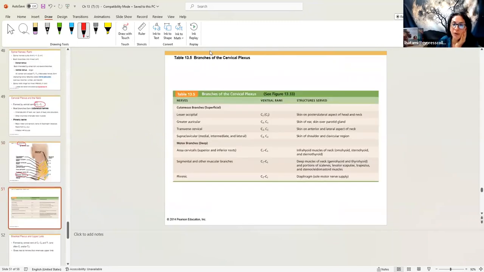In this table you can also see the branches of the cervical plexus, but again, I'm not going to ask the names of these nerves, just to keep this a little easier and simpler. I want you to know just the phrenic nerve, which is responsible for innervating the diaphragm and is a branch of the cervical plexus.